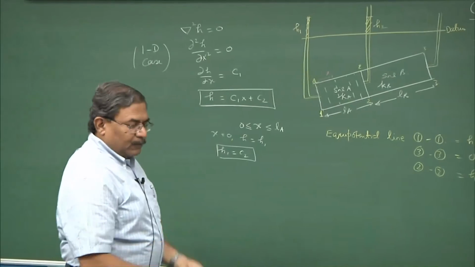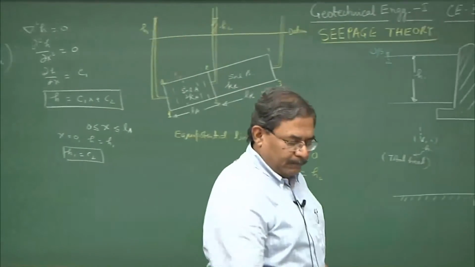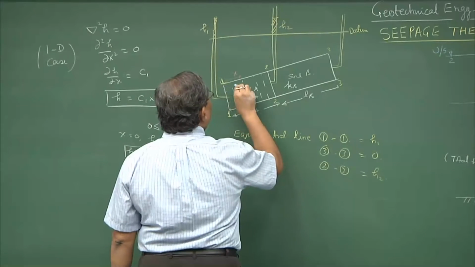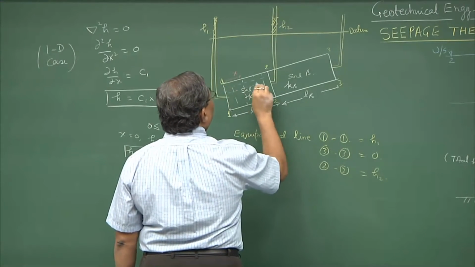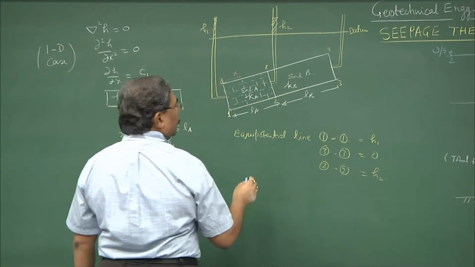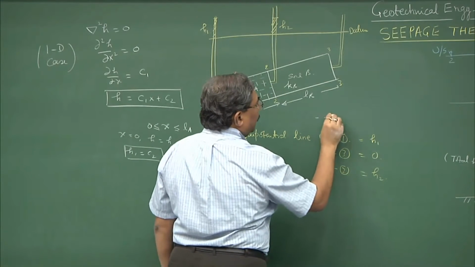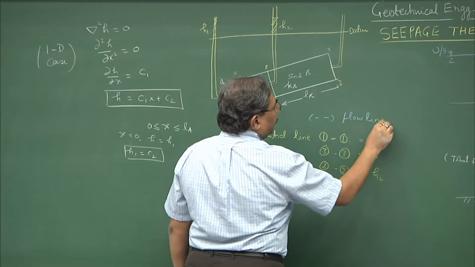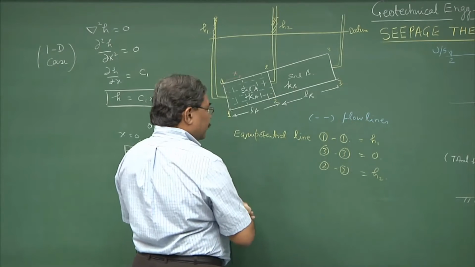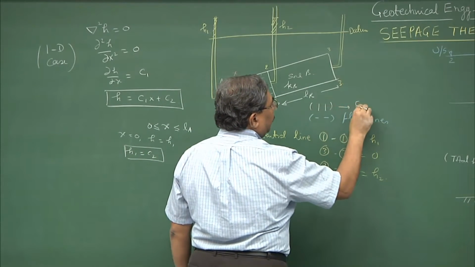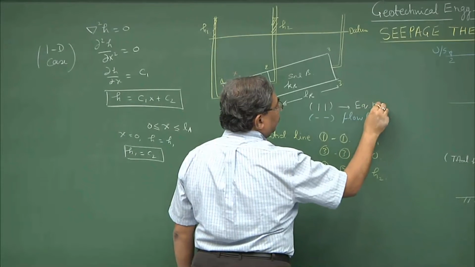The lines which are going to cut them perpendicular to each other would be the flow lines. So, the blue ones are the flow lines and the white ones which I have drawn are the equipotential lines.